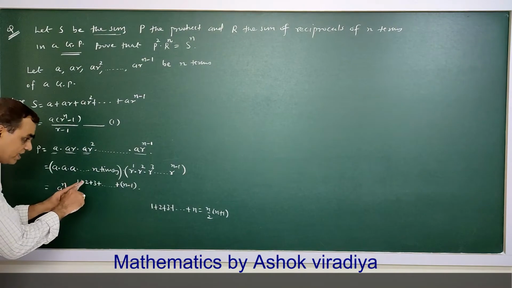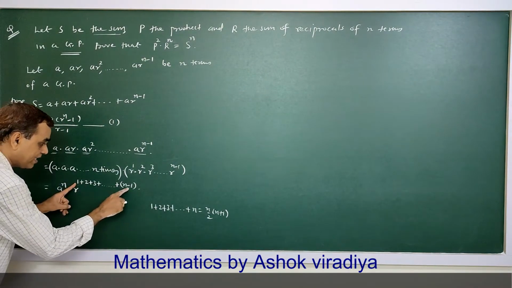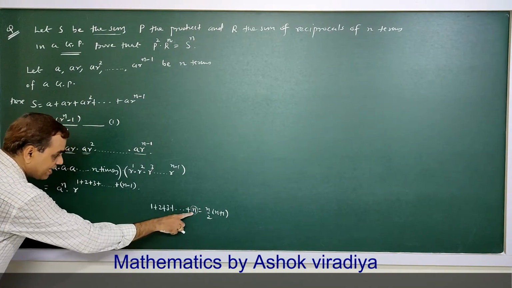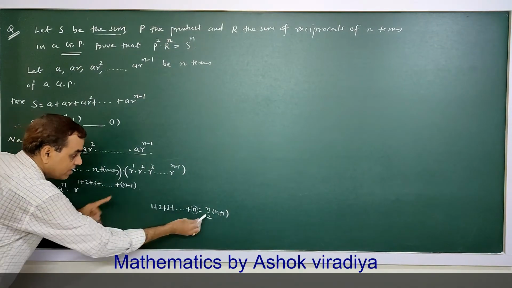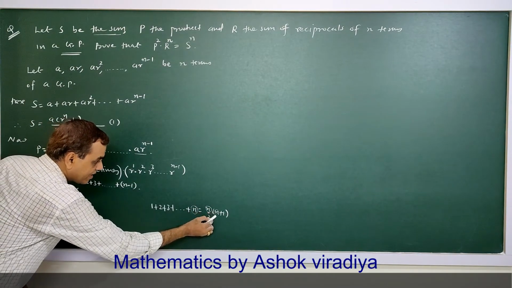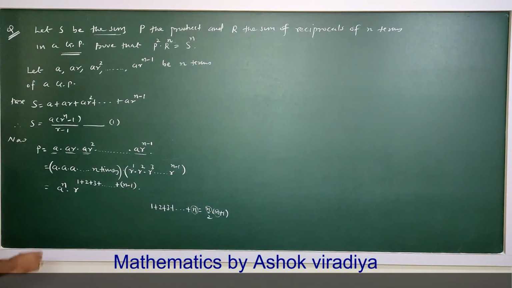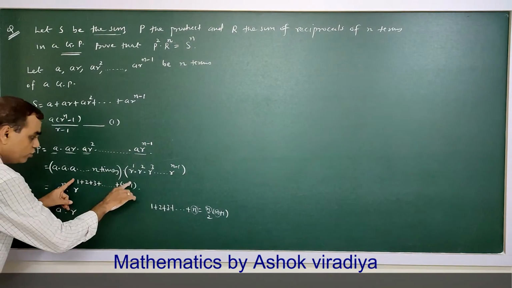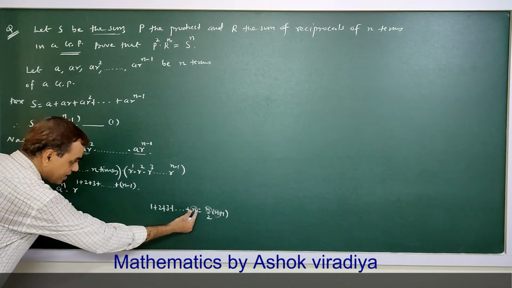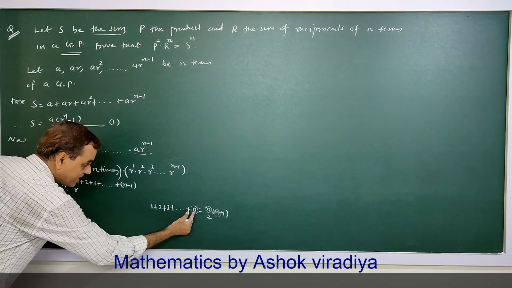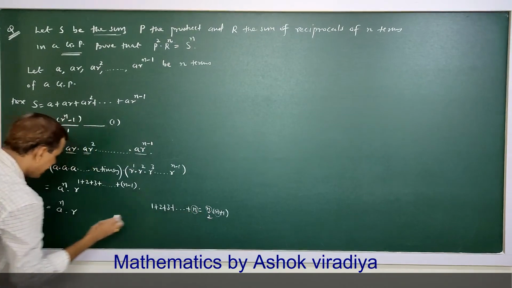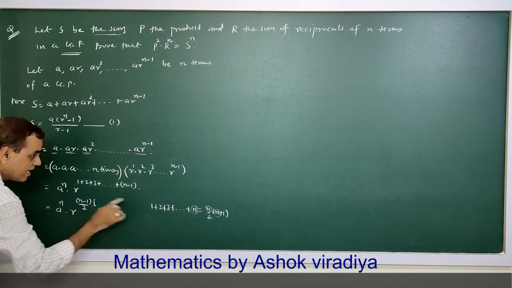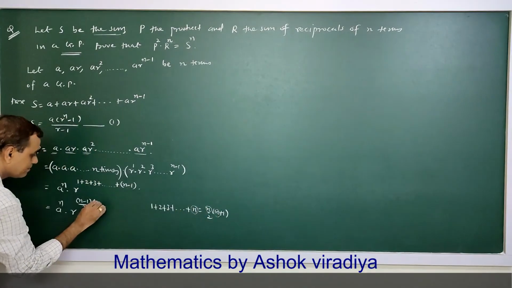Here it goes up to n minus 1, so this n will be replaced by n minus 1. So we get A raised to n into R raised to (n minus 1) by 2 into (n minus 1 plus 1).